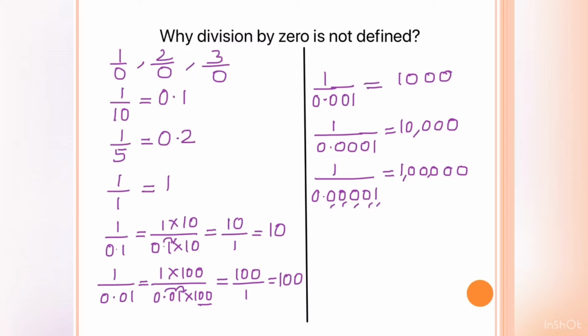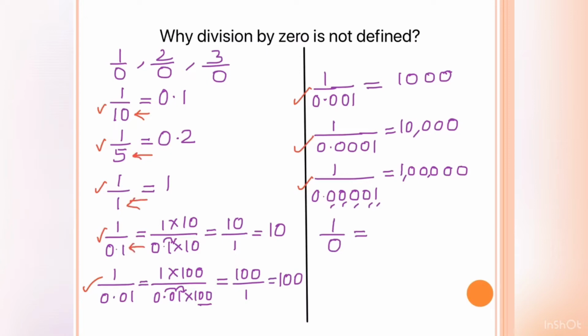So now what if the denominator is 0? What will be the exact value? In all these examples that I gave you, you can see that we moved the denominator closer to 0.